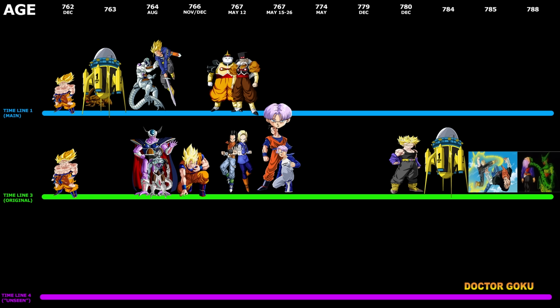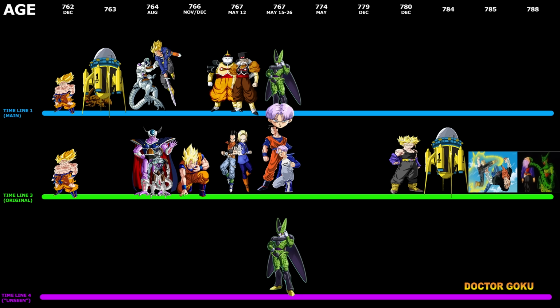This also allows for two perfect Cells to exist in two timelines. That being Timeline 4, where there's a Cell games but no Trunks, and Timeline 1, where there's the Cell games with Trunks, and everything plays out as we saw in the anime. In Timeline 4, when there is no Trunks, this means that Vegeta never has this enraged rampage moment because of Trunks dying, and Gohan doesn't lose his left arm when trying to save Vegeta.